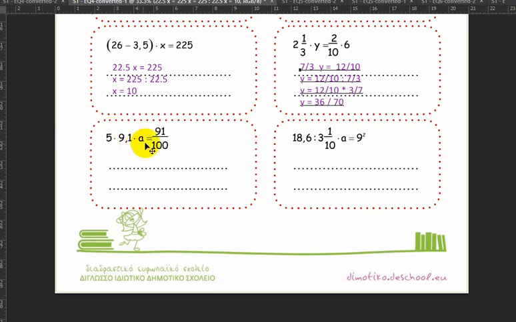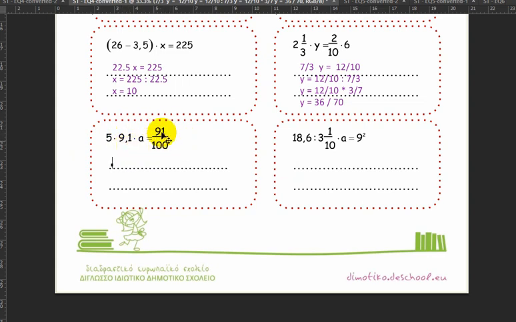Next, we have 5 times 9.1 times a is equal to 91 100ths. All right. Now, this is where it comes in handy to have done many subtractions.